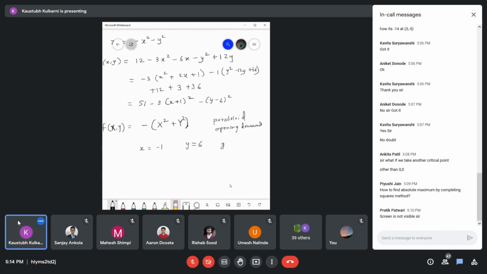It is the global maximum of this function. x equal to minus 1 and y equal to 6 gives the global maximum, and when x equals minus 1 and y equals 6, the global maximum value is 51.